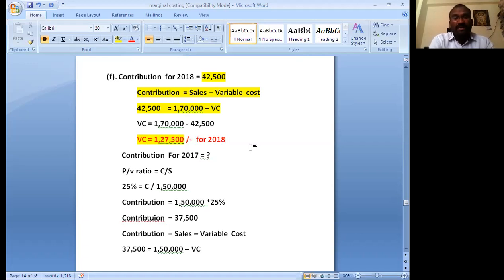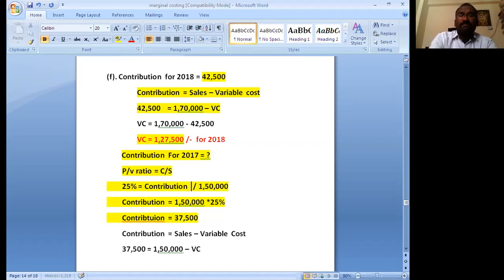Next, you calculate the contribution for 2017. If you know the contribution for 2017, you easily get the variable cost. For that you use the PV ratio: PV ratio equals contribution divided by sales. So PV ratio 25% equals contribution divided by sales.